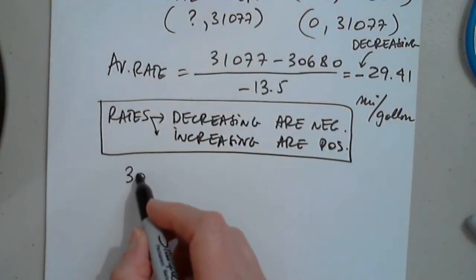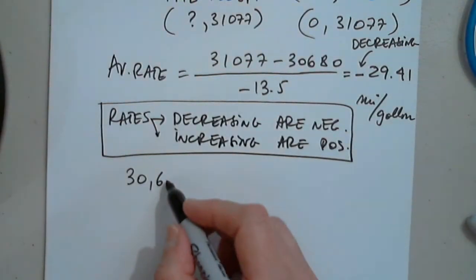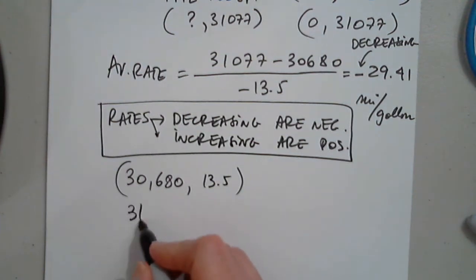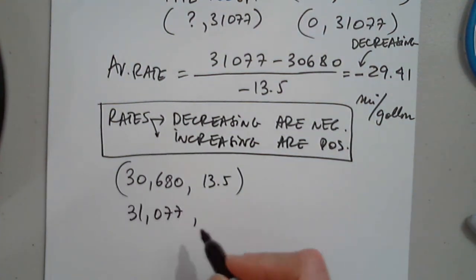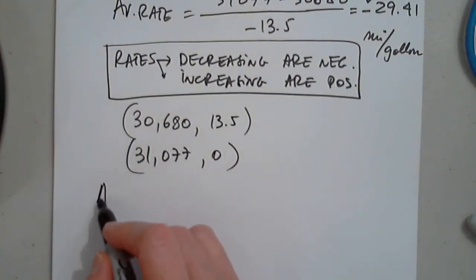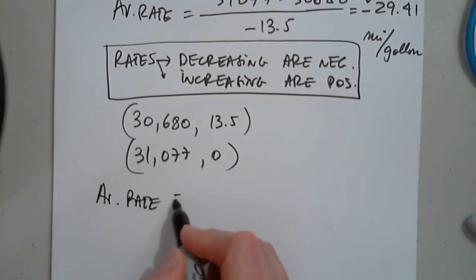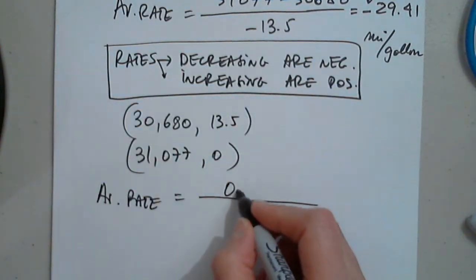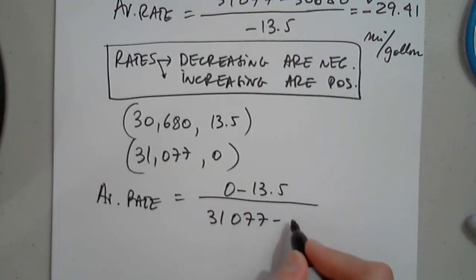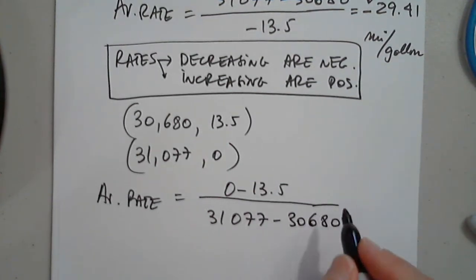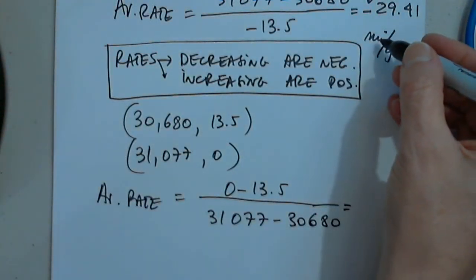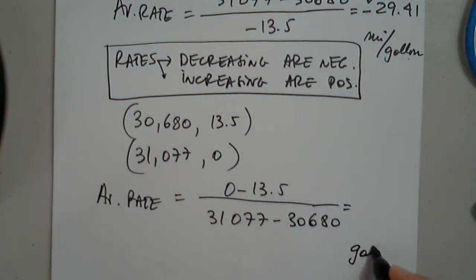So something like 30,680, 13.5, and 31,077, 0. So now they want the average rate to be 0 minus 13.5 over 31,077 minus 30,680. And this time it's going to be gallons per mile, the measurement unit.